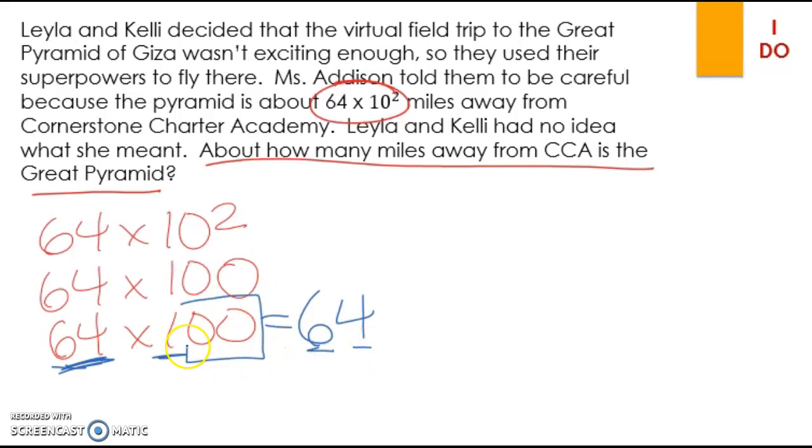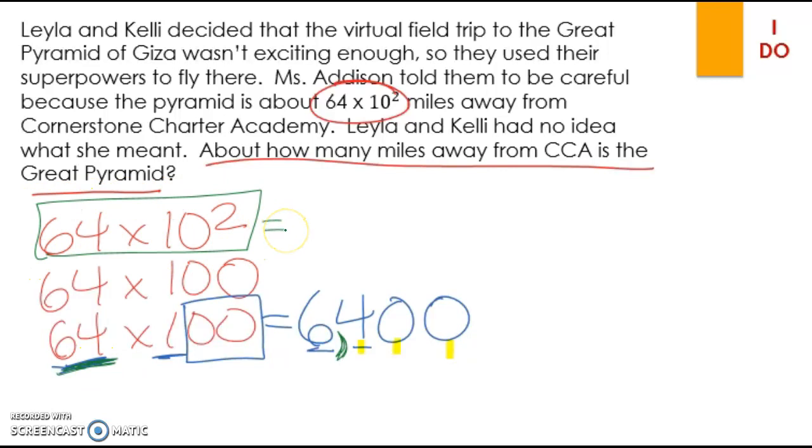And then we can place 2 zeros at the end of the digits 6 and 4. Then, as I showed you before, we count back ones, tens, hundreds, and we know that there's a comma between the hundreds and the thousands place. That means that 64 times 10 to the second power equals 6,400.